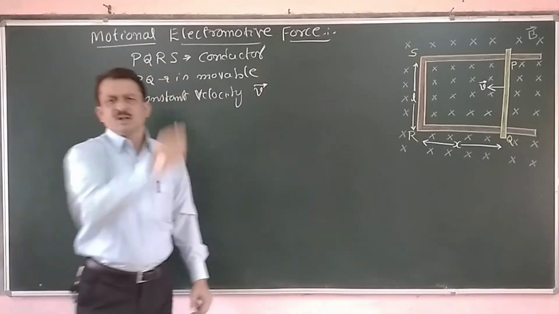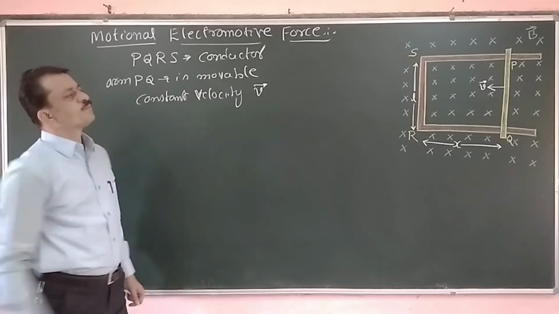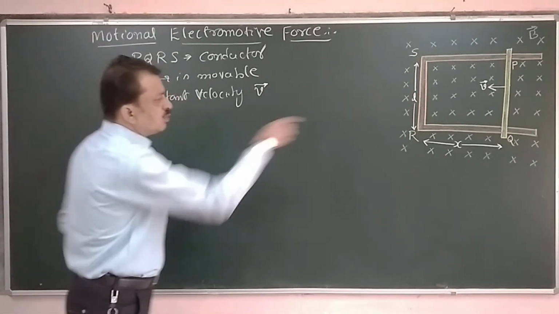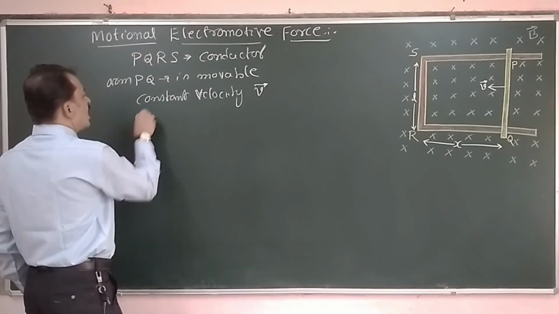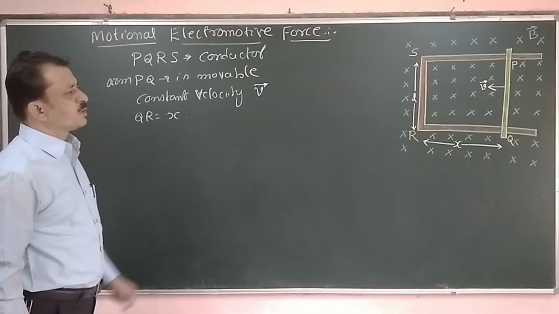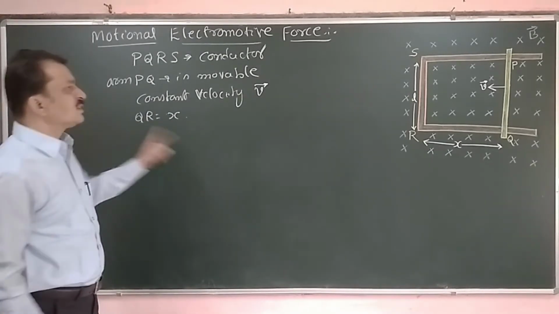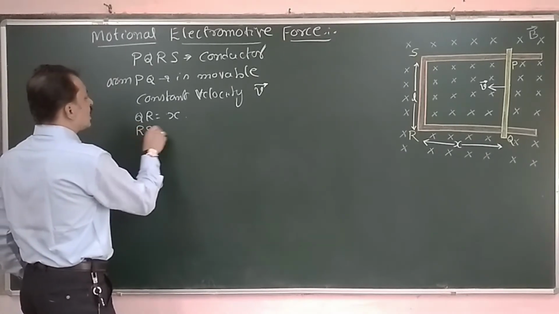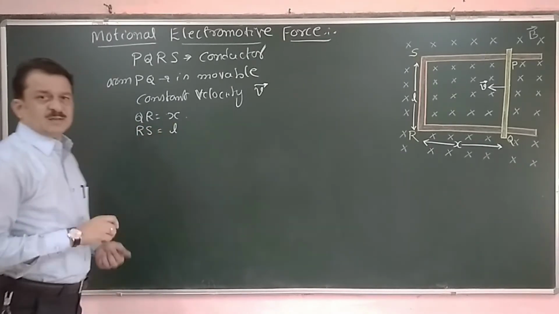It is moving inwards with a constant velocity v. Let us take the distance QR equal to x units, that is the length, and the breadth of that rectangular loop RS is equal to L.